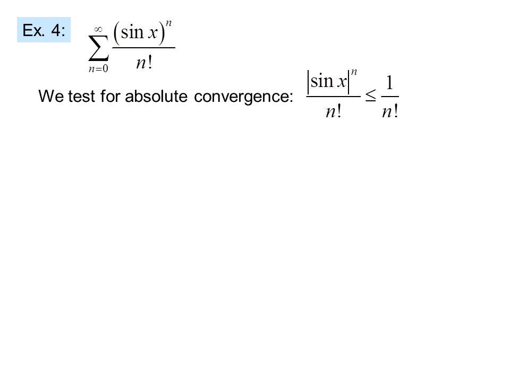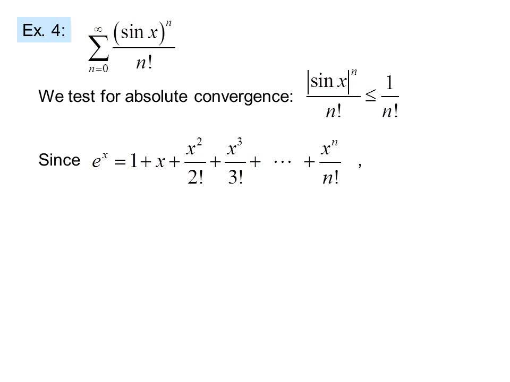The absolute value of sine x to the n over n factorial is less than or equal to 1 over n factorial, because the maximum value of the absolute value of sine x is 1, and the minimum value is 0.